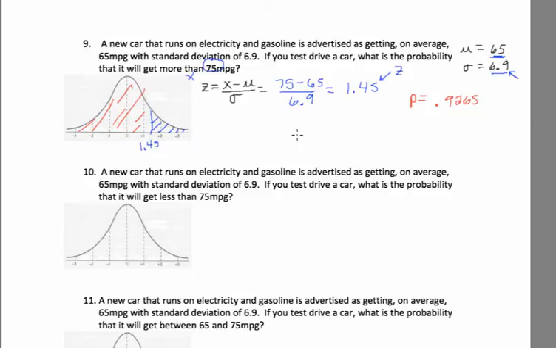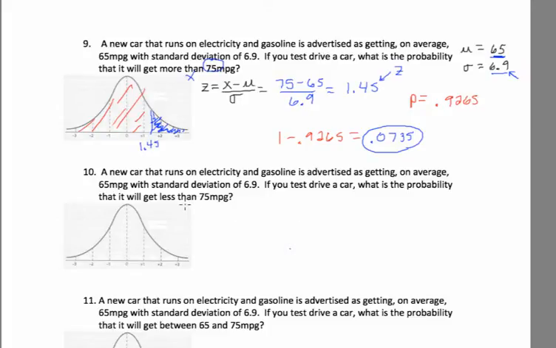So we have to use some subtraction. Take 1 minus 0.9265 to figure out that the area that we're looking for is 0.0735. About a 7% chance that you're going to get more than 75 miles per gallon on average.